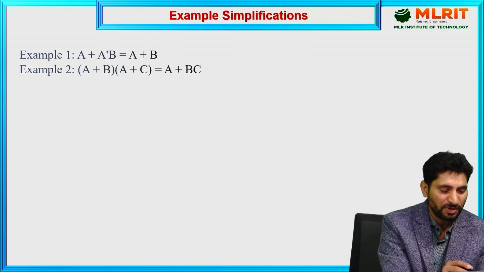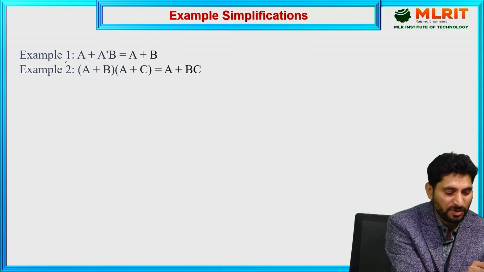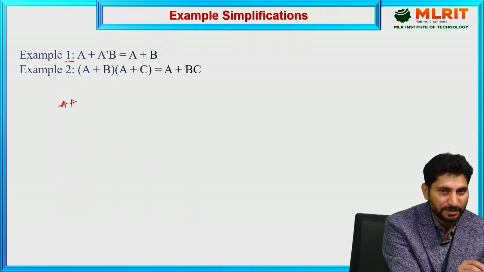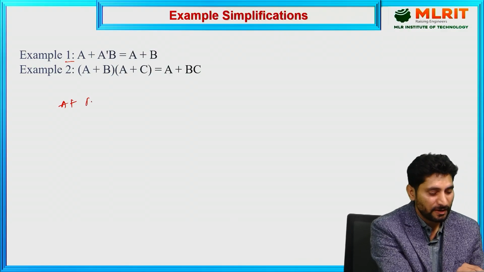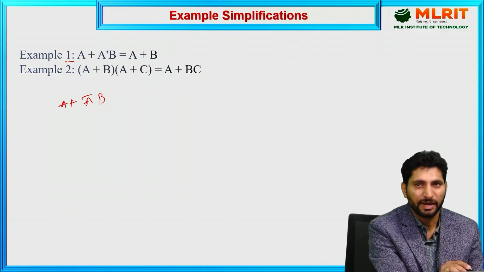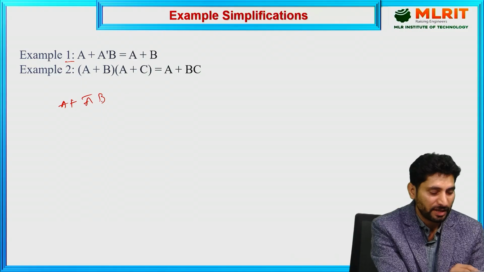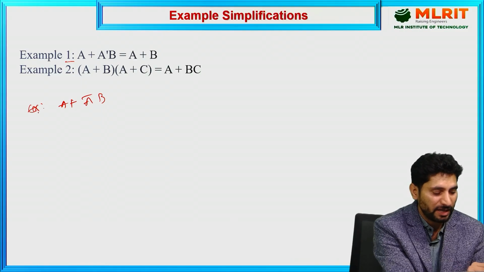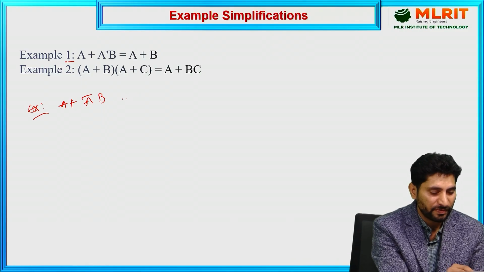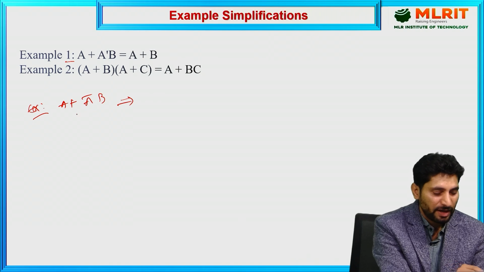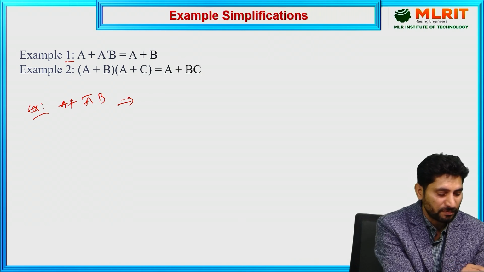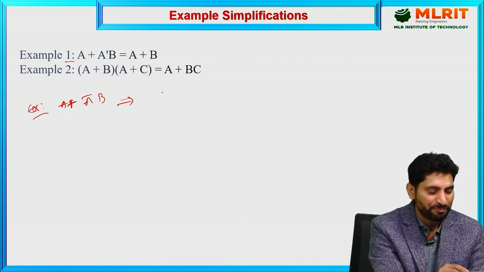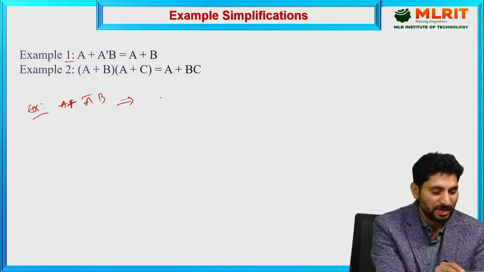For example, I took first example, A plus A bar B. We can minimize this. So here, as per absorption law, how we can write this one?